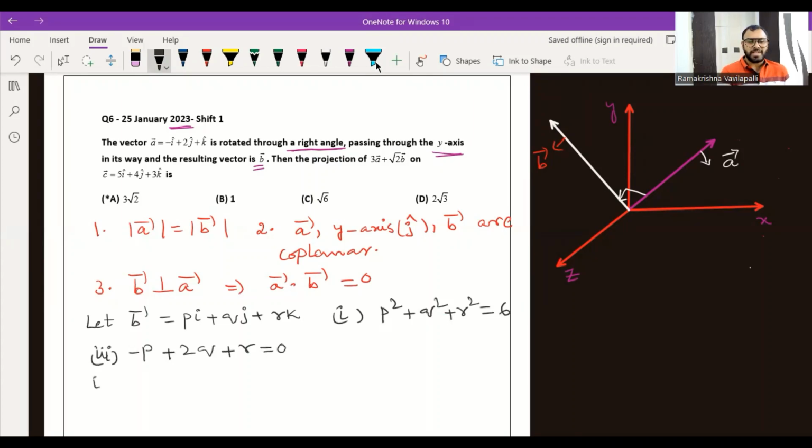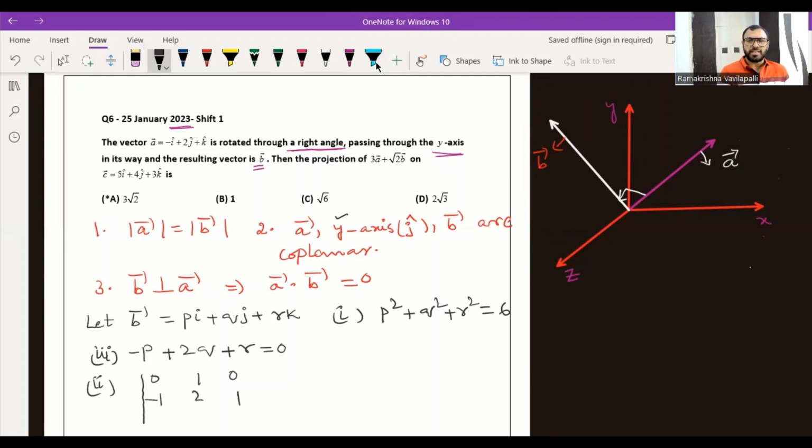Now what is the second condition? A bar, j cap, B bar are coplanar. So here I am writing, first, the y-axis: 0, 1, 0. There is no order. The A bar vector is -1, 2, 1.